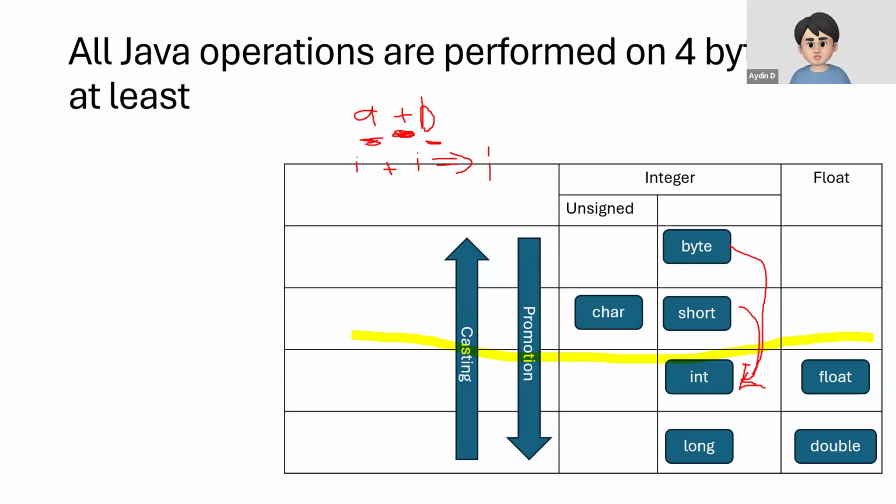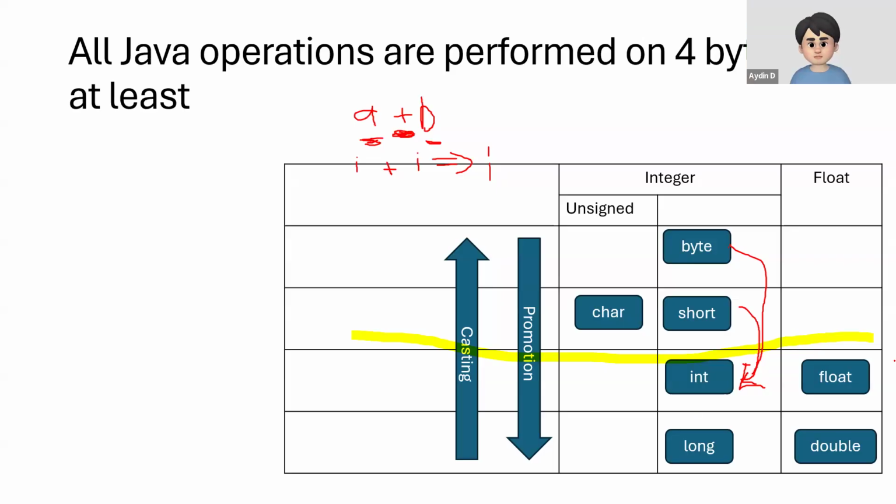It will also be int, I think. Right. Short plus short will be int? It will be int as well, right? Yes. Byte plus short will be? It will be short or int, because at least 4 bytes. Oh, I see. Equivalent and at least 4.